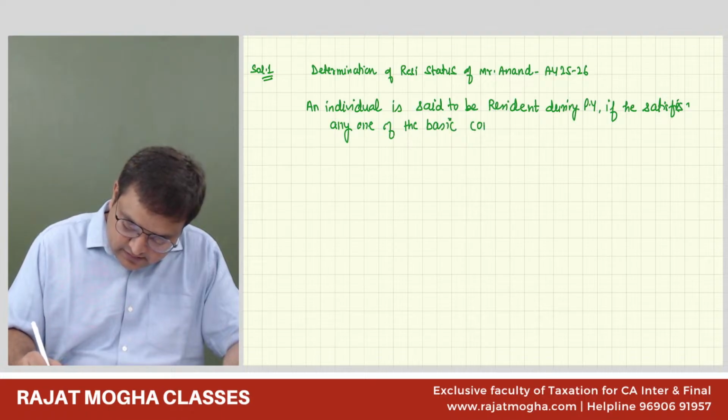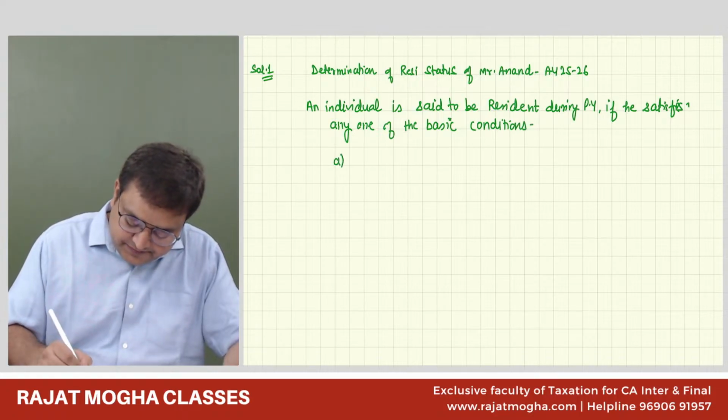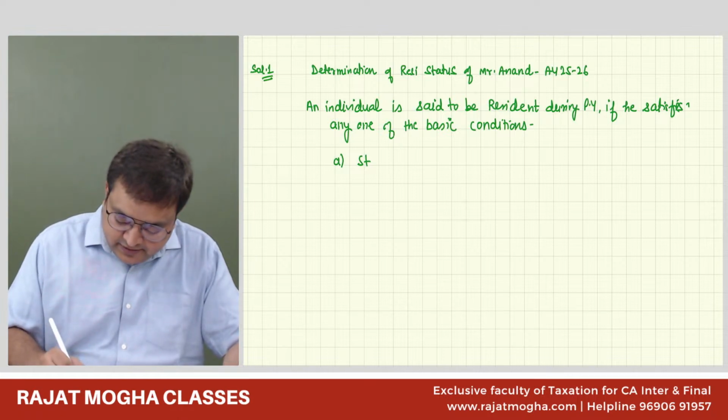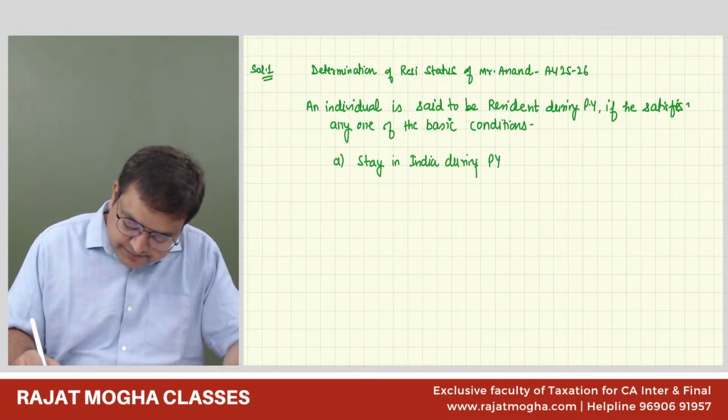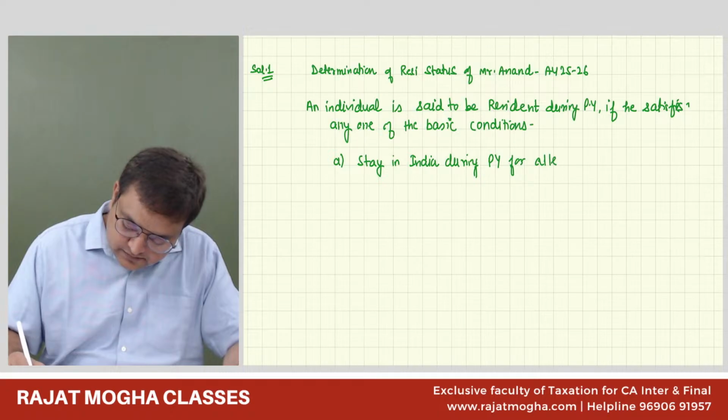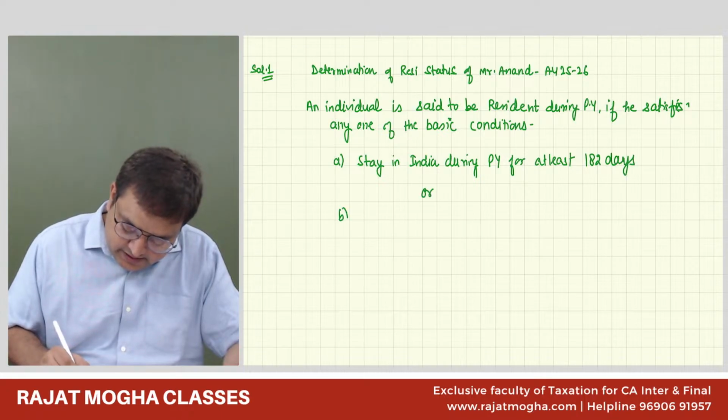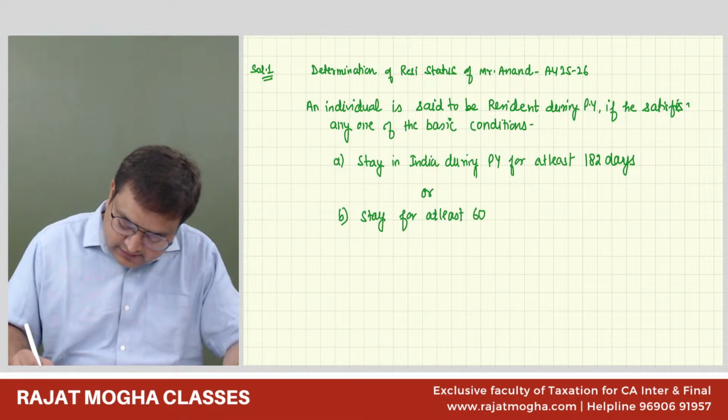First basic condition, write in short: stay in India during previous year for at least 182 days, or B, stay for at least 60 days in previous year and 365 days or more in last 4 previous years.